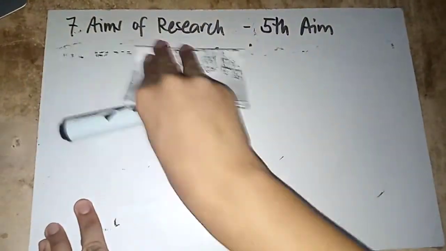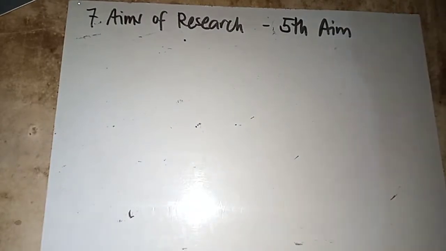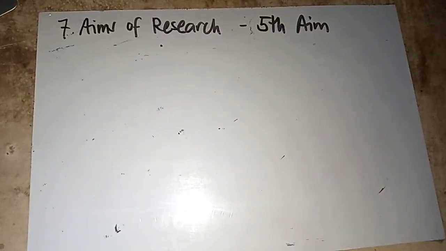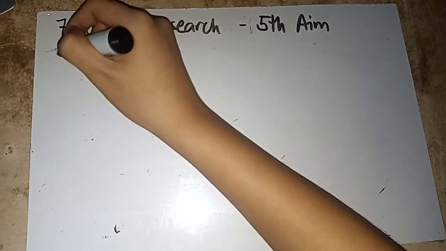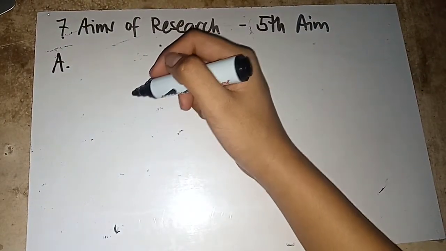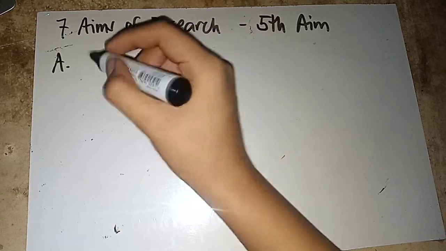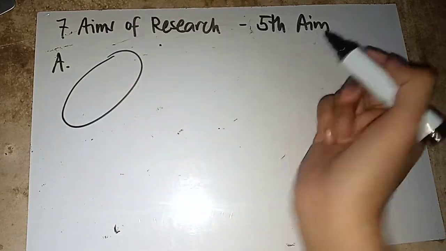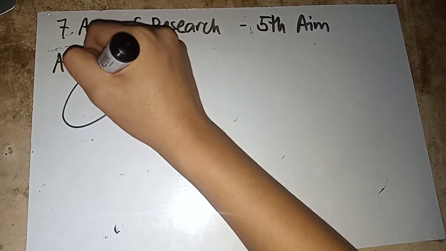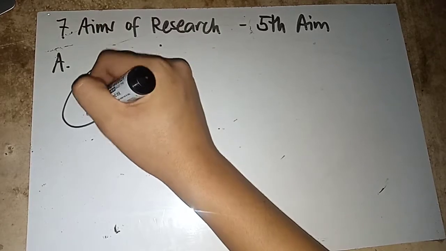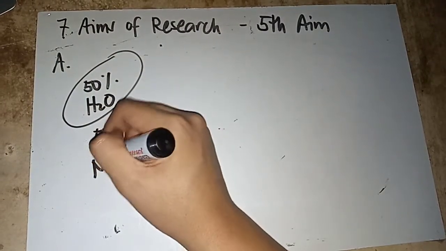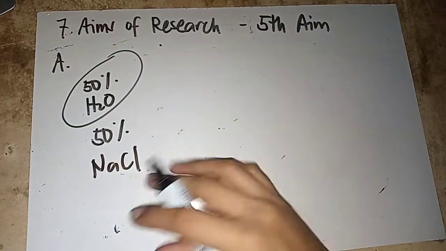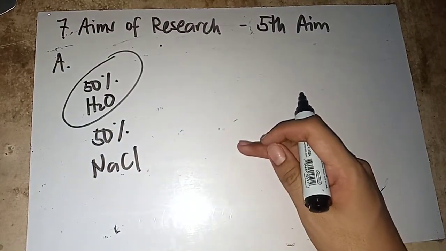So in setup A, suppose that the cell, the red blood cell, is composed of 50% water and 50% salt, sodium chloride, NaCl.